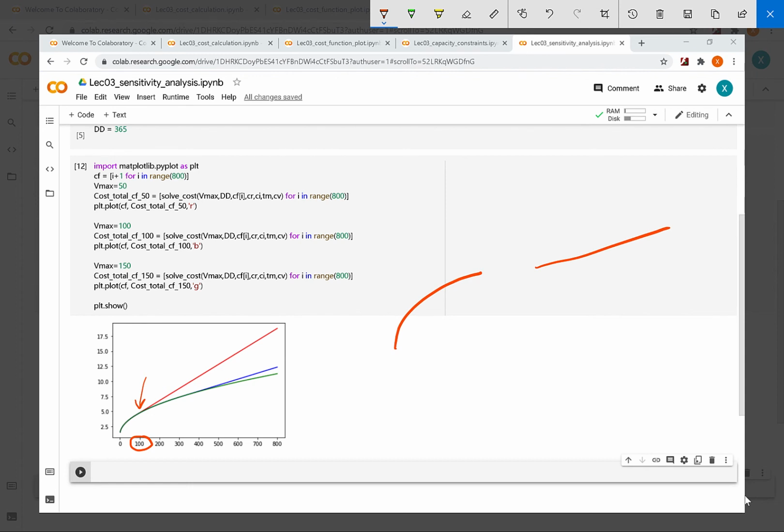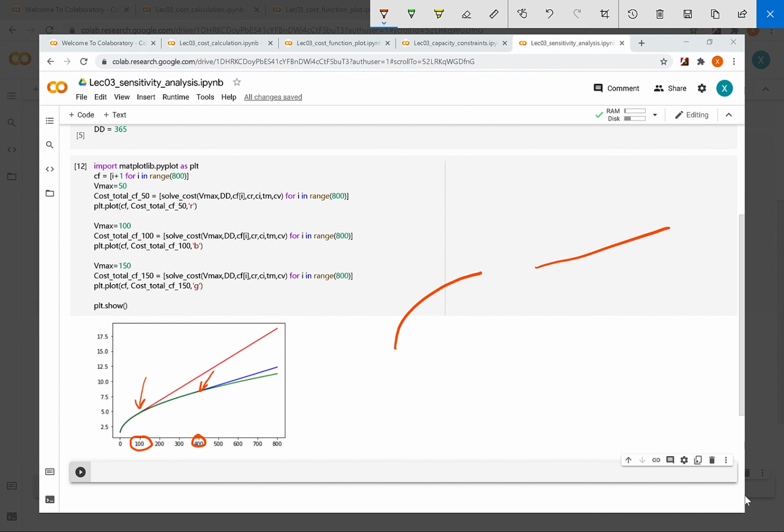And then if we keep increasing the fixed cost to around 400, the capacity value 100 is reached, and then the trend switches from the square root increase to the linear increase.